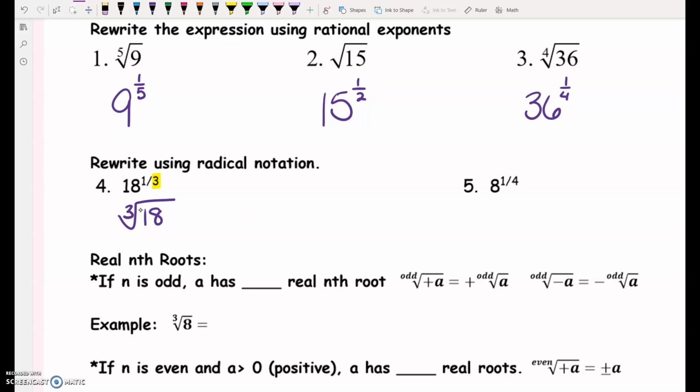So make sure that your index is tucked neatly into the checkmarky part of the radical. That's a very technical term, the checkmarky part. 8 to the 1/4 would be the fourth root of 8.